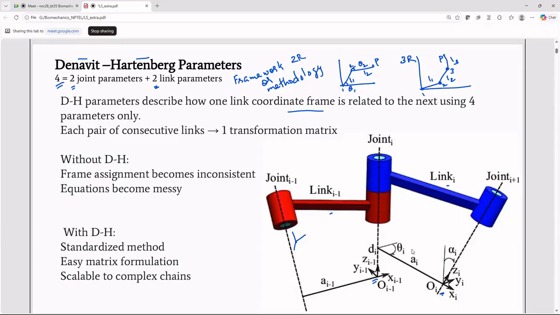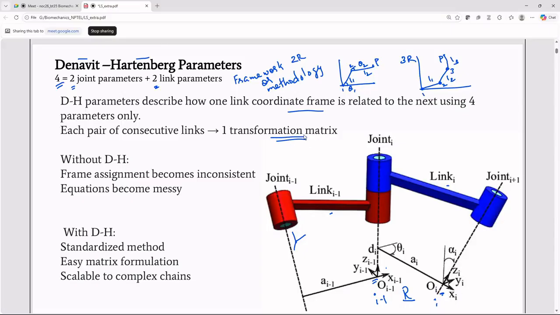What we will be doing is finding the relation of the i minus 1th coordinate system to the ith coordinate system. We will be finding the relation in terms of only 4 parameters. That's how we are framing this. Not an equation, sorry, framing the relation with respect to 4 parameters, and this will be written into something called a transformation matrix.